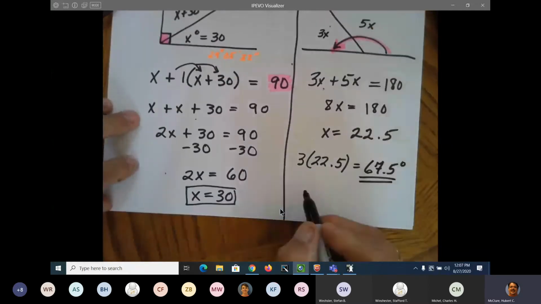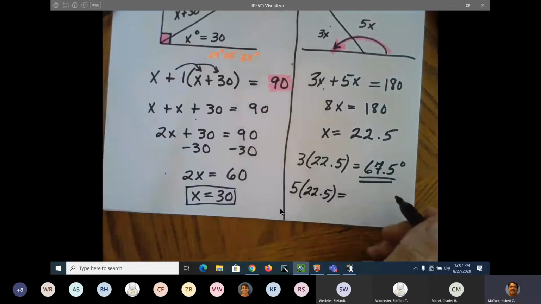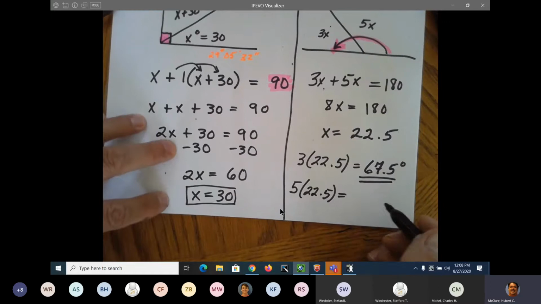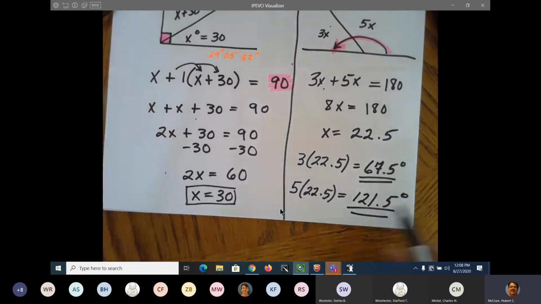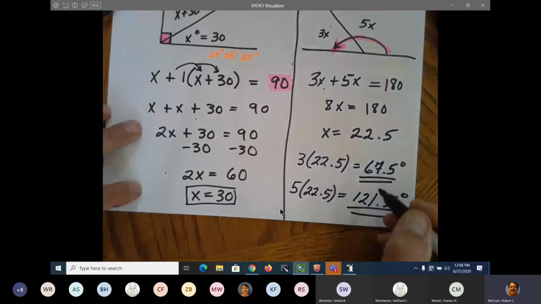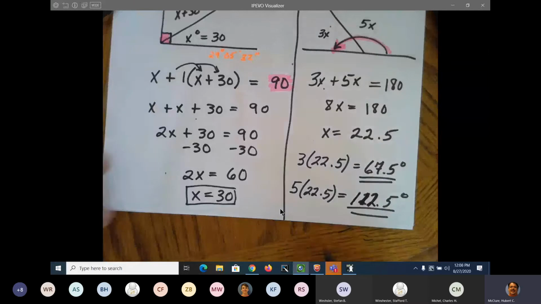And then 5 times 22.5. 5 times 20 is 100. I'm going to say 121.5. Add them together and see if you get 180. I think I'm off one. 112.5. Thank you. 112.5.